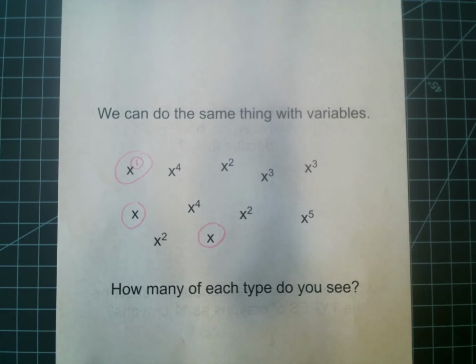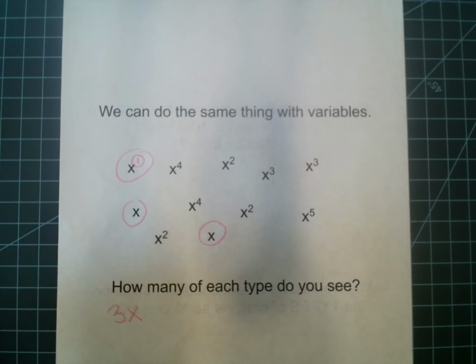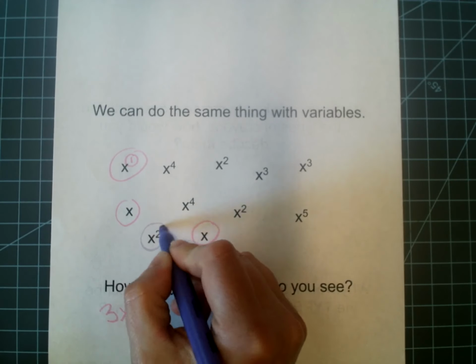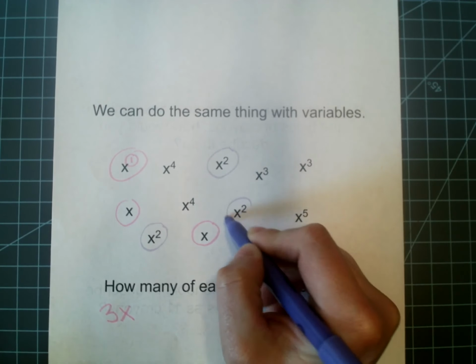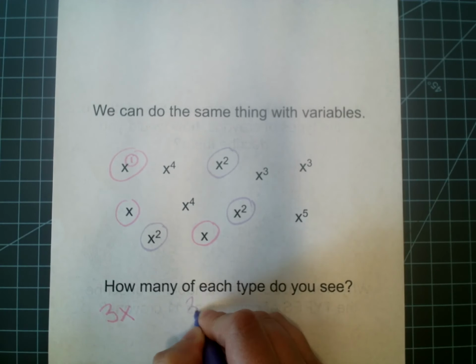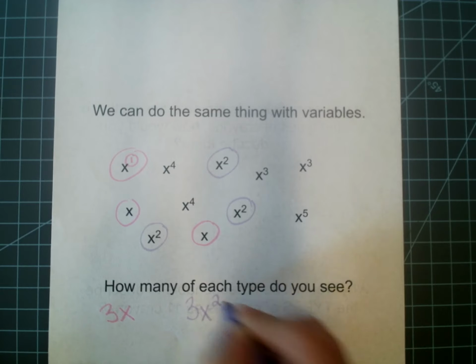So we have 3 x's. For our x squareds, we have 1, 2, 3 x squareds. So I'm going to write that as 3x squared.